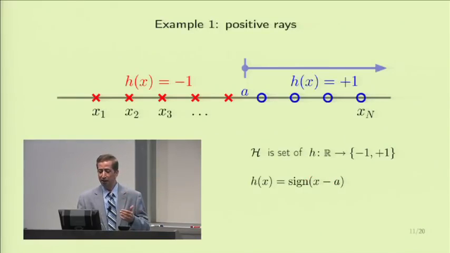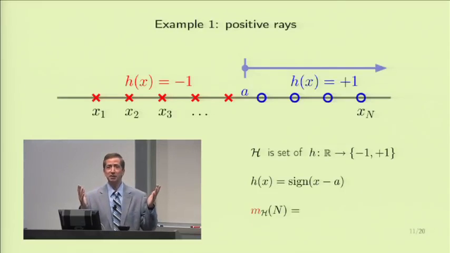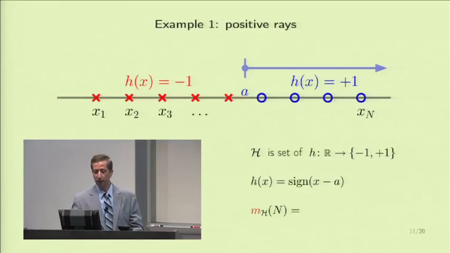So fine. Now we ask ourselves, what is the growth function? Here is a very simple argument. If you have N points, the dichotomy, which ones go to blue and which ones go to red, depends on which segment between the points A will fall in. If A falls here, you get this pattern. If A falls here, this guy will be red, and the rest will be blue. So I get a different dichotomy.